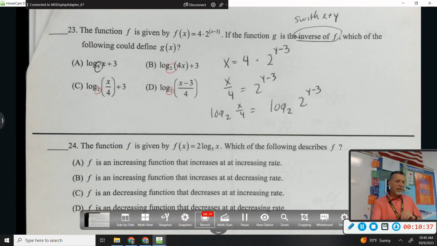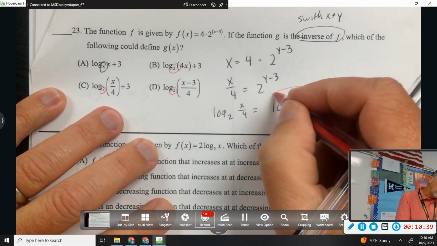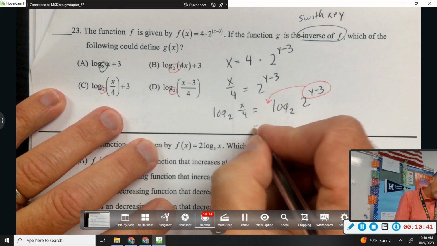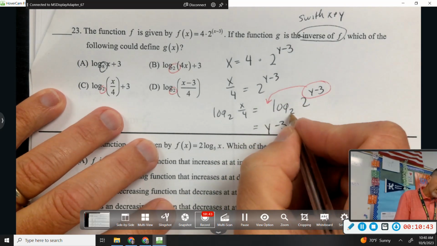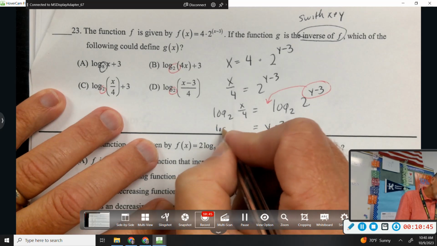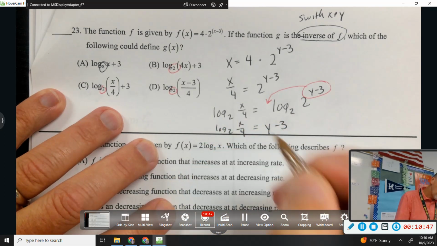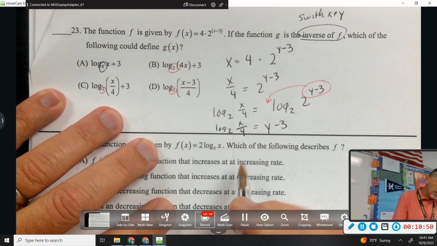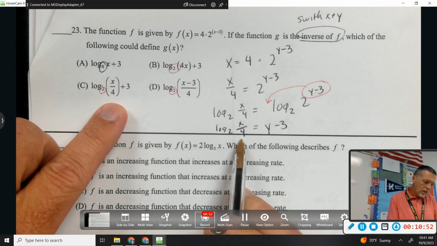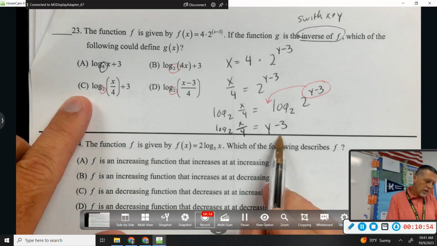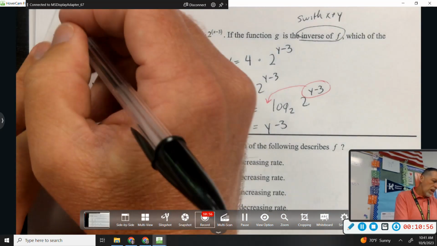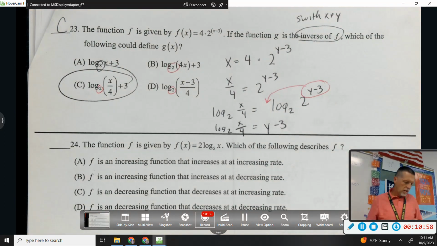Some of you wouldn't show that step because you would know right away that the whole point of that is to get the y minus 3 down front. And log base 2 of 2 is 1. So log base 2 of x over 4 plus 3 would be my answer.